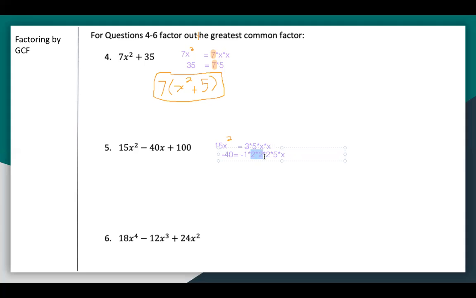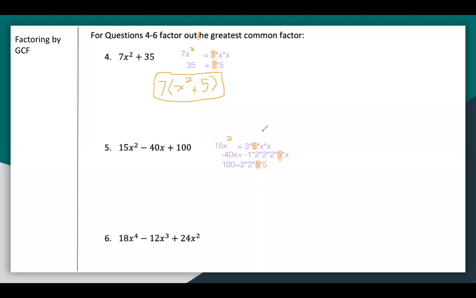So again, 2 times 2 times 2 is 8. 8 times 5 is 40, times x is 40x. And then we have 100, which is 2 times 2 times 5 times 5. Because 2 times 2 is 4, 5 times 5 is 25, 4 times 25 is 100. Okay. And what we can notice is the greatest common factor between 15x squared, 40x, and 100, in this case, is 5.